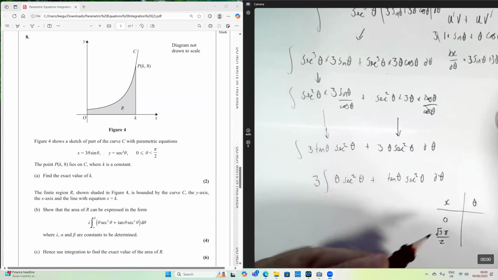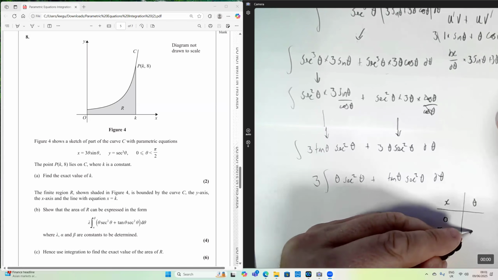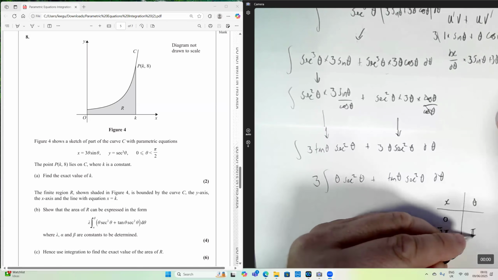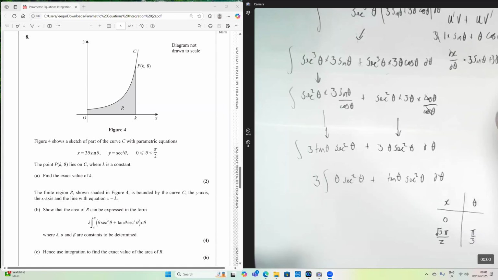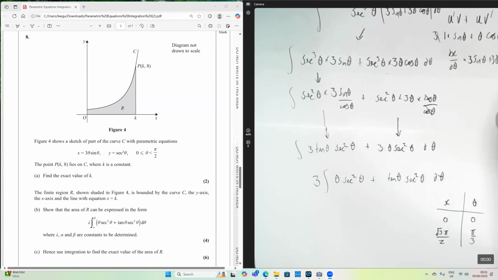When x is equal to root 3 pi over 2, that gives us a value of theta of pi over 3. And at the left-hand side, when x is equal to 0, theta is also going to equal 0. So our limits are between pi over 3 and 0.